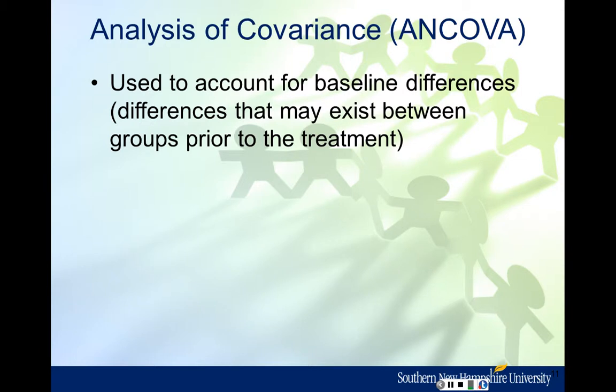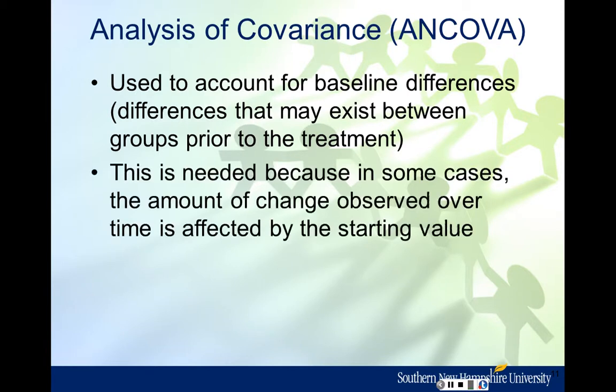So if you have a situation where you cannot randomly assign groups, or even after your random assignment some fluke happened where your baseline scores are different, so even before you apply the treatment, your groups are already different, you can adjust for that statistically, and you use an analysis of covariance to do that.